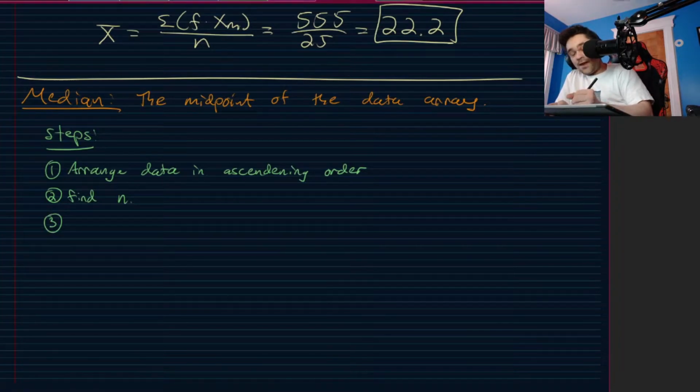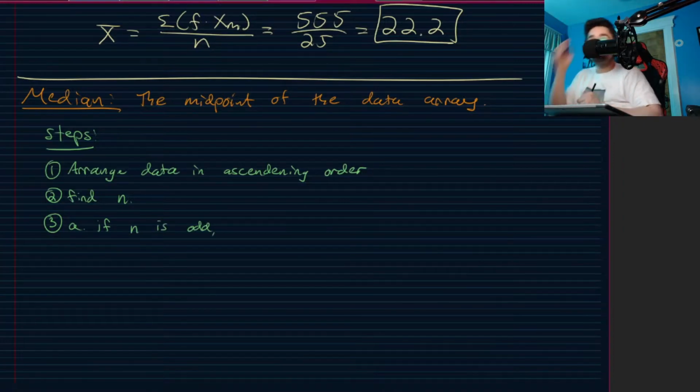And then depending on if n is odd or even, there are 2 different ways that you need to find the median. So A, if n is odd, select the middle data value.